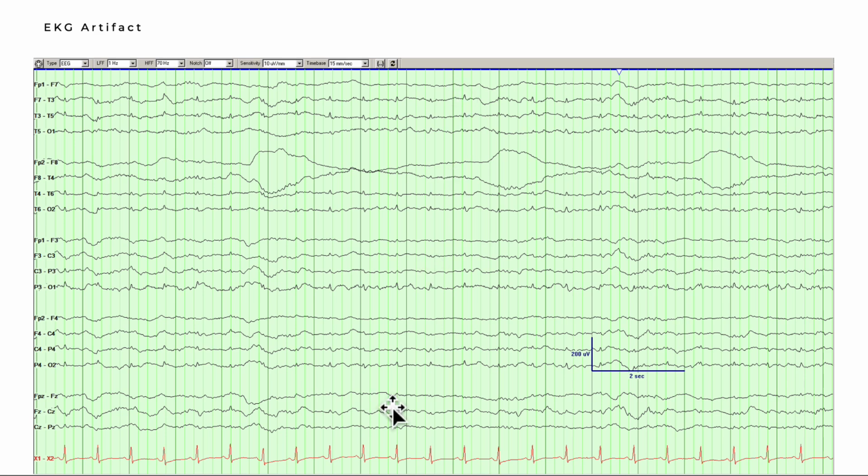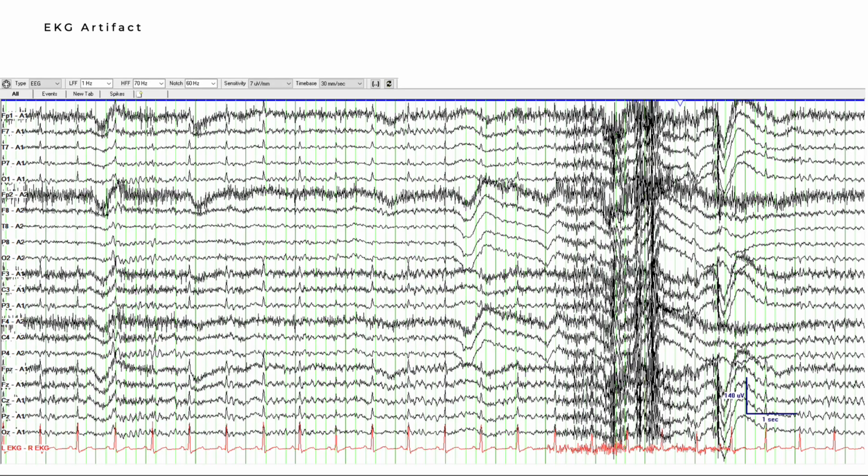Sometimes it can be quite diffuse like this, where you see these little sharply contoured regions which are time synced with the ECG. This is probably the most common way it will look when it's really severe. And here's a similar thing in a reference montage, and you can often see the ECG artifact better in a reference montage, as really time synchronized.